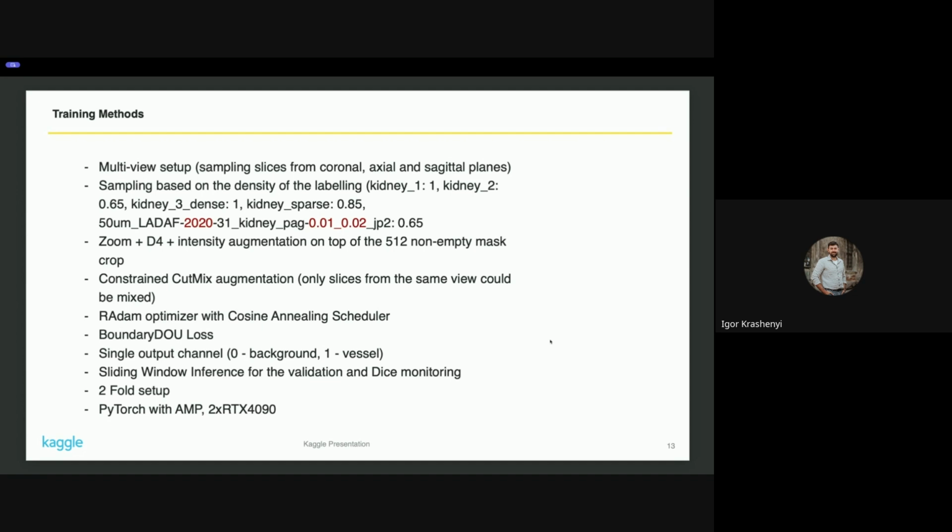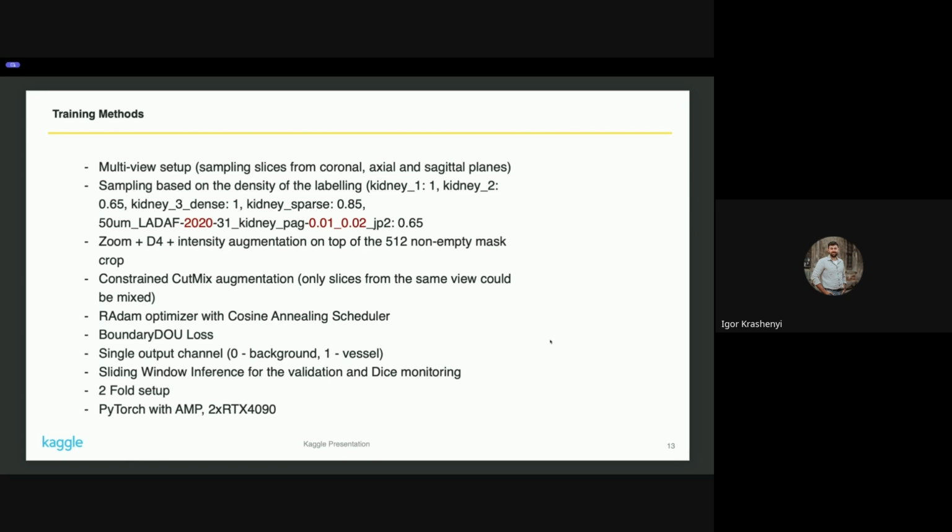A useful thing that I discovered late in the competition was the CutMix augmentation. I used it at the beginning, but it didn't perform well because I didn't use it in the correct way. So I replaced the random CutMix with a constrained CutMix. I was cutting and mixing patches from the same plane, from the same organ.